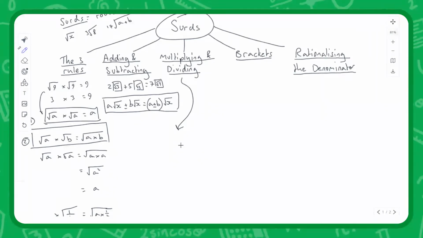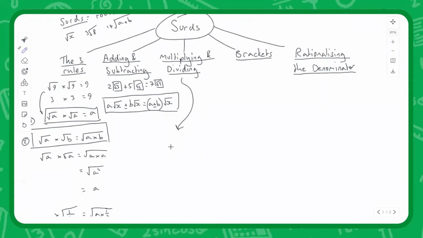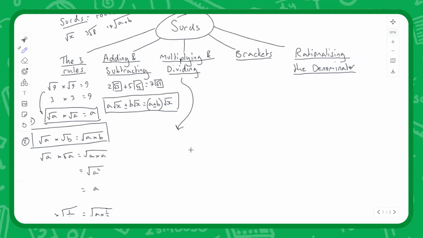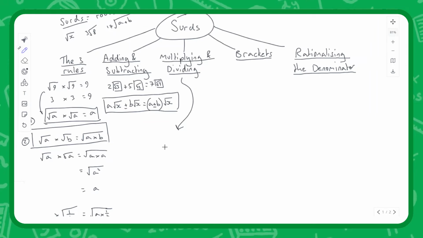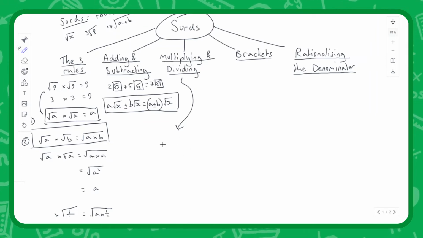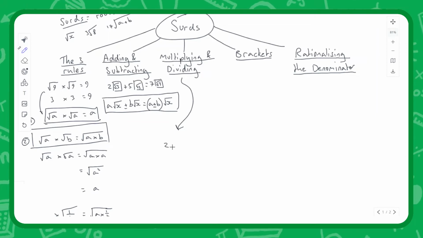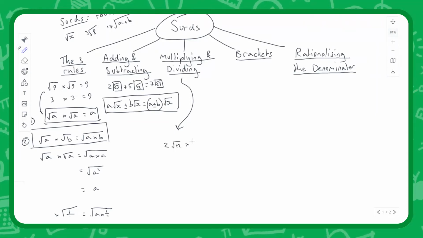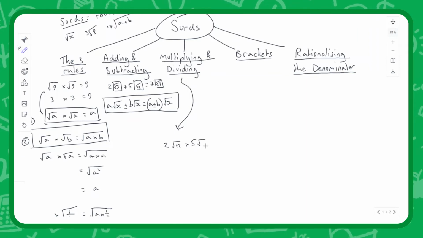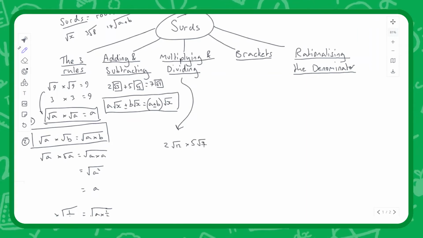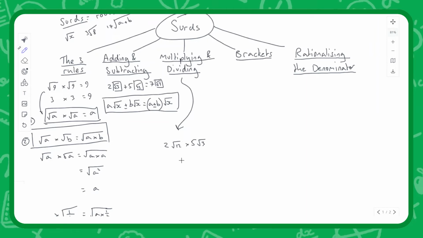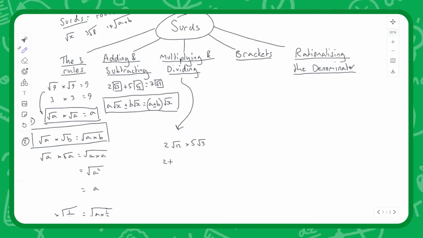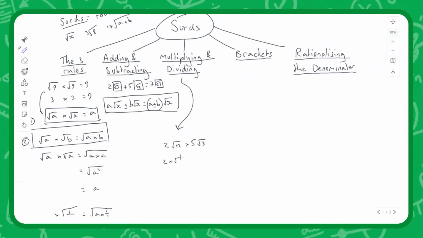So there's one trick that we can use to simplify things massively for ourselves. If we look at an example, let's do 2 root 12 times 5 root 3. Let's see what we get with this. Well, 2 root 12 is just a shorthand way of saying 2 times root 12, right?